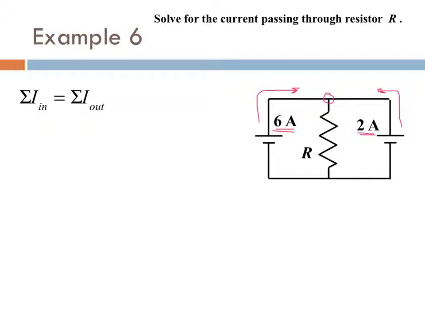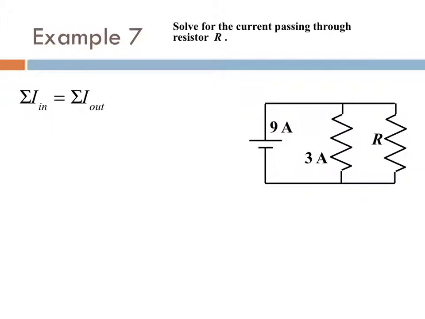So here, when they meet at a junction, these 2 currents are going to go through this middle resistor, and then as it exits this second junction, 6 amps is going to continue out this way, and 2 amps are going to continue out this way. So the current in must equal the current out. So our current going through our resistor is going to be 8 amps.